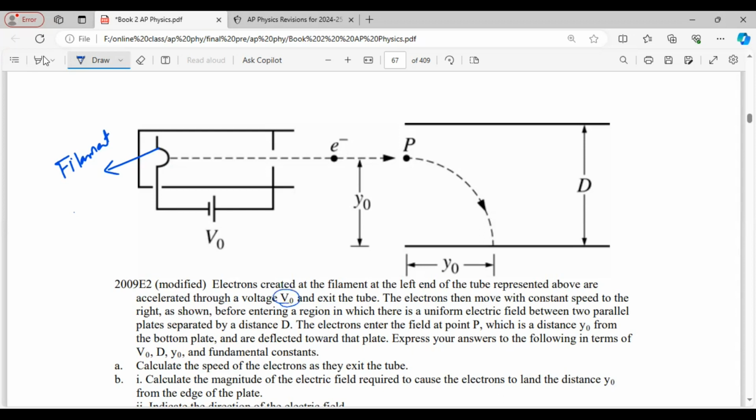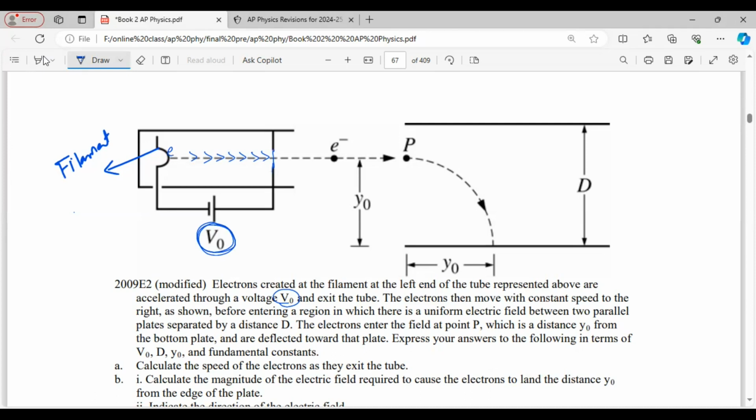So here electrons are created and they are accelerated through a potential difference V0. This is the accelerating potential, V0, and they exit the tube. Till here the electrons were in accelerating mode, and after this they exit out from this accelerating zone.